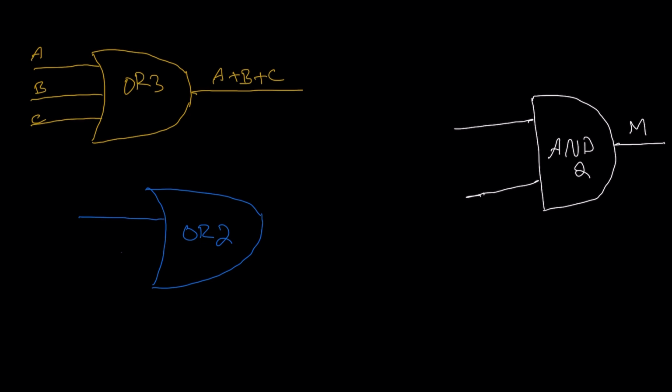Okay, so OR2 has two inputs coming into it. One is input A naught. To get A naught from A, this is A here, we will have to draw an inverter.